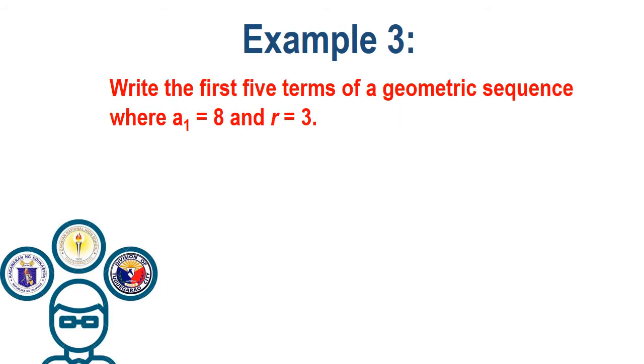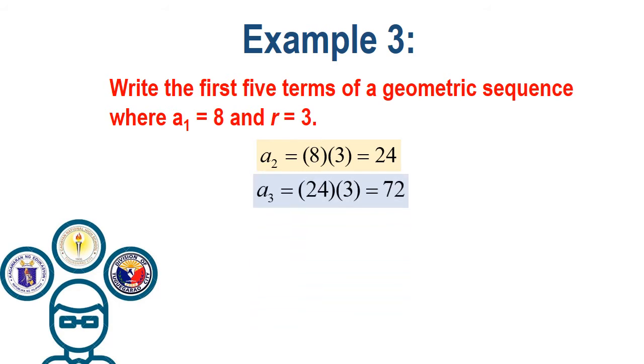Let's have our third example. Write the first 5 terms of a geometric sequence where the first term is equal to 8 and the common ratio is equal to 3. To get the first 5 terms of the geometric sequence, we have to multiply the preceding term by r to get the succeeding term. Therefore, we have the second term, which is equal to 8 times 3, and that's equal to 24.